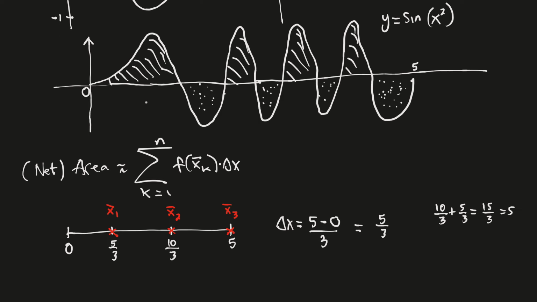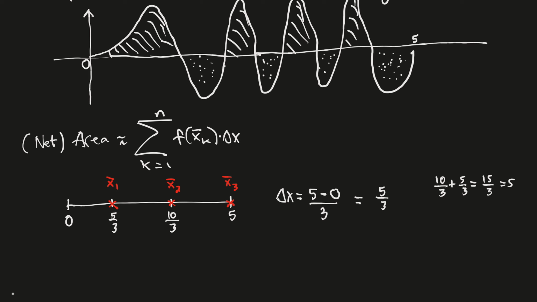Okay, so let's put it all together. So our area is approximately, and again, let me write it down symbolically. You're going to have f of the first x bar value, or first endpoint here, 5/3. And then we have to multiply it by the delta.